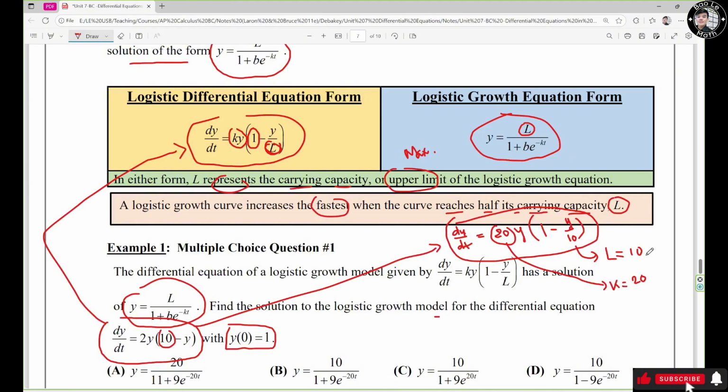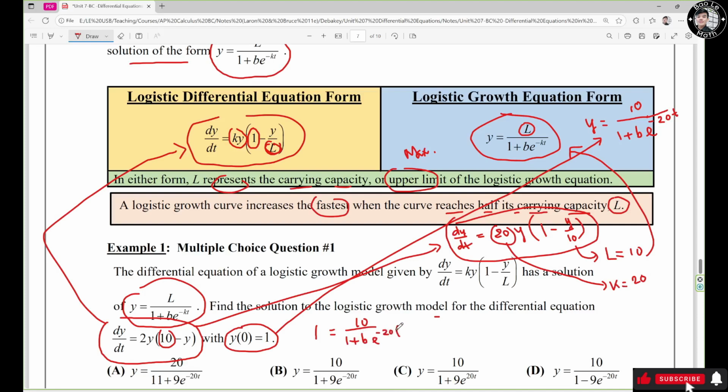So I substitute these values, and I have y equals 10 over 1 plus b times e raised to the negative 20t. Now I need to use the initial condition to solve for b. So I have 1 equals 10 over 1 plus b times e raised to the negative 20 times 0.